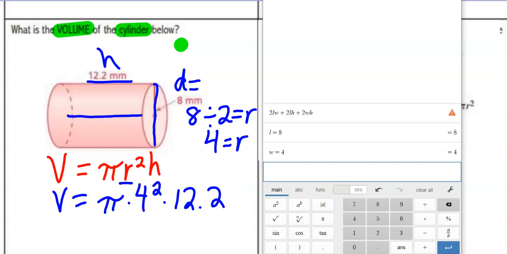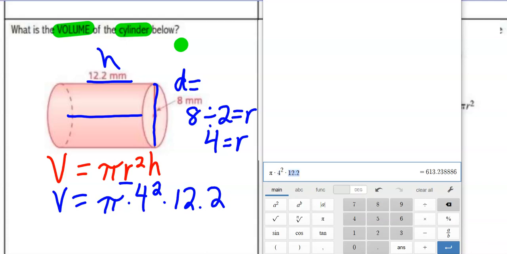I'm going to clear this, and I'm actually going to put in the formula with the numbers this time. So pi times 4 squared times 12.2. All right, let's double check. I have my pi, I have my radius, which is half the diameter, and then I have my height.